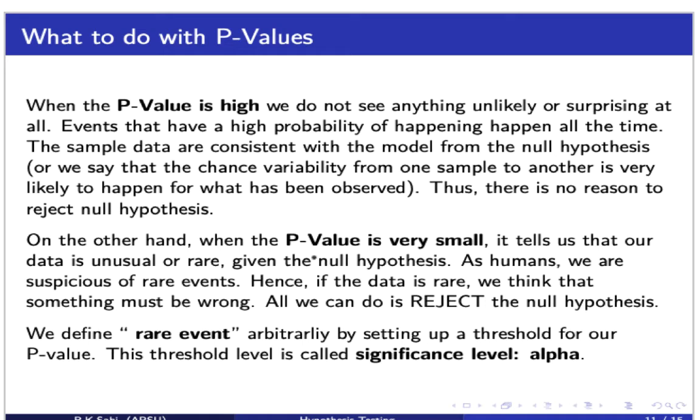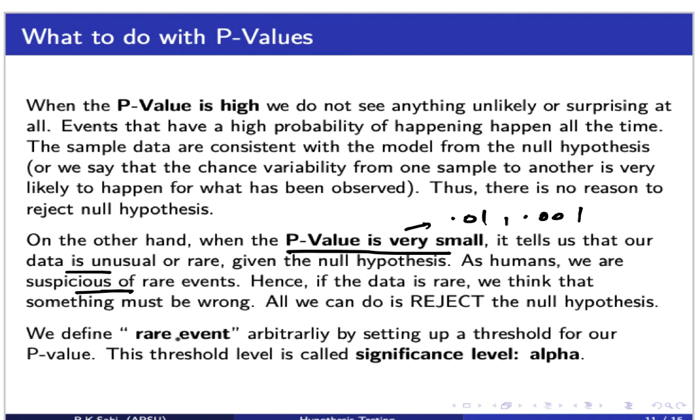But if my p-value is very, very small, like 0.01 or say 0.001, very small, 1%, like 0.1%, something is unusual in our data set. And when something is unusual, we all think, what's going on? Remember that? As human beings, we're very suspicious of these rare events.